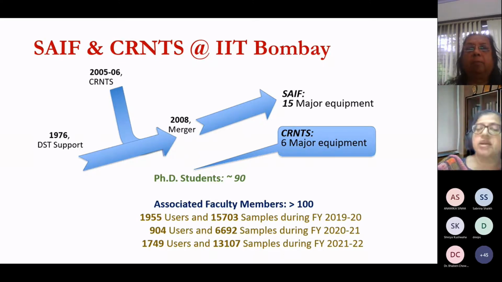We have more than 100 associated faculty members in CRNTS. And we receive samples from all over India. In the last financial year, we had around 1749 users and more than 13,000 samples were analyzed in SAIF.